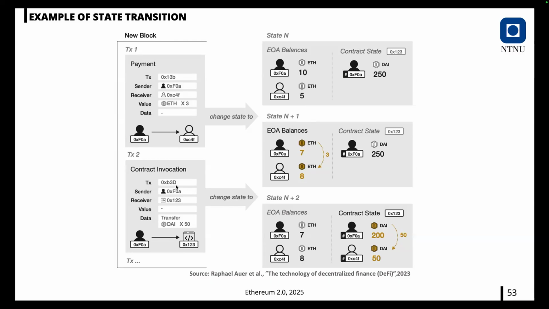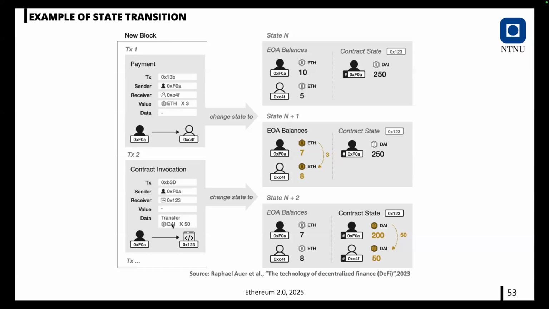And then there is another transaction which goes from F0A, but this time it goes to the contract. And this time we are trying to send 50 DAI, right? So it's not a transfer of Ether, it's a transfer of DAI, which is a currency on top of the Ethereum, the one from MakerDAO.